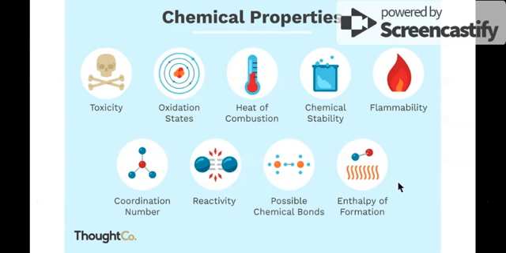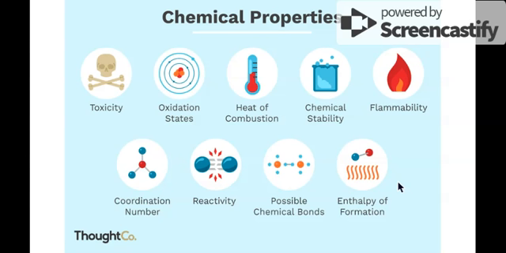This is already the microscopic level, the reactivity, the possible chemical bonds that will form, and enthalpy of formation, which talks about the energy change that's taking place during a chemical change. So all of these are examples of chemical properties.